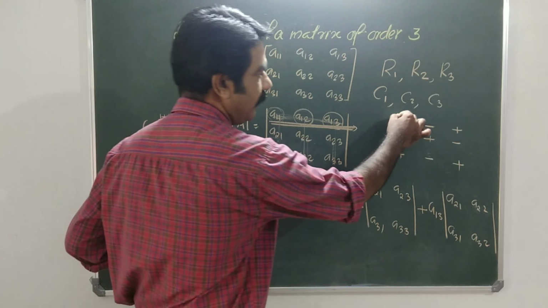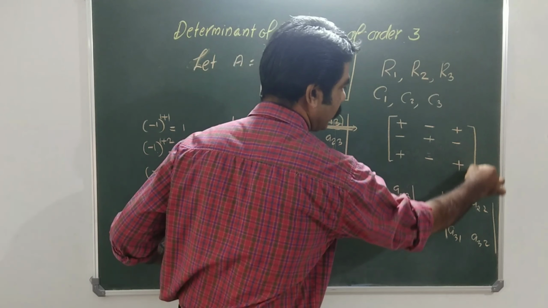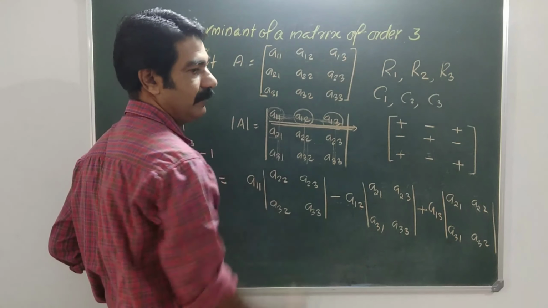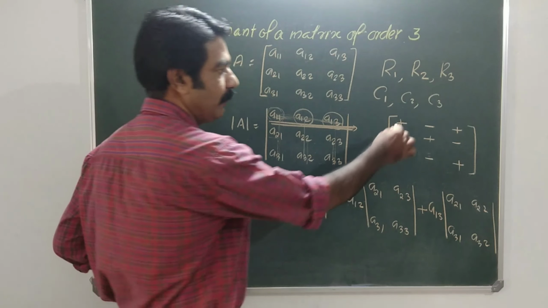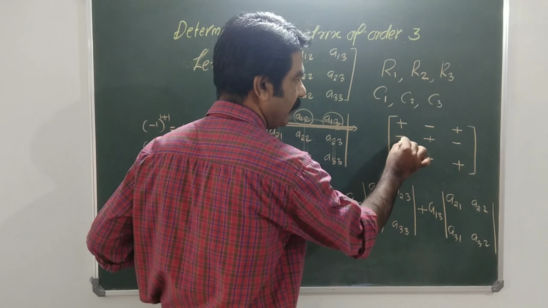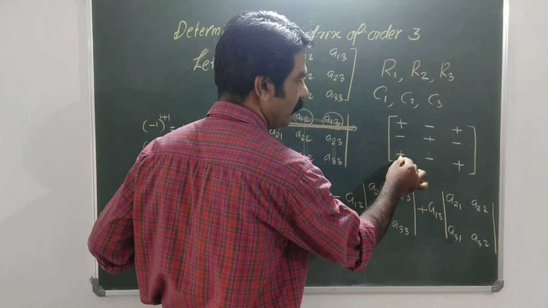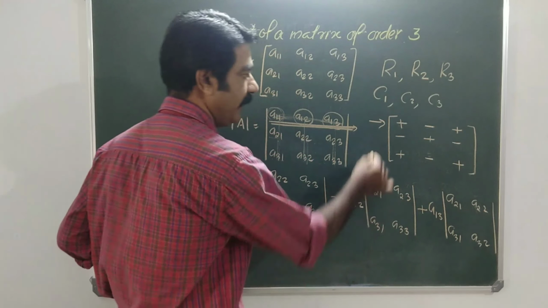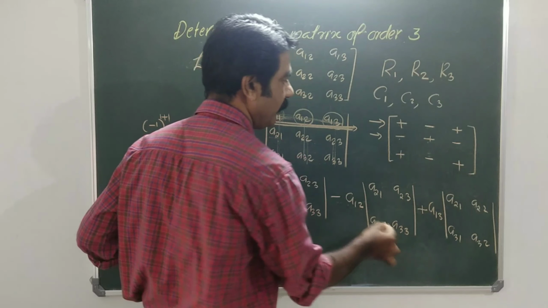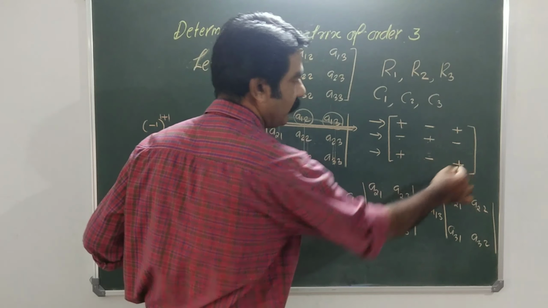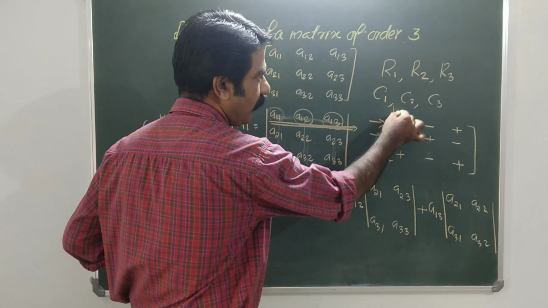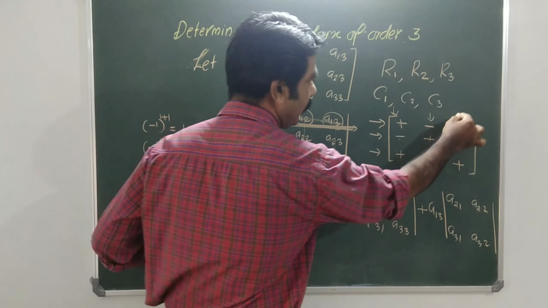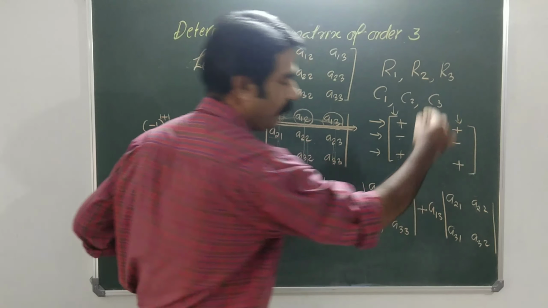So these are the signs if you expand a determinant of order 3: positive, negative, positive, negative, positive, negative, positive, negative, positive. First row: positive, negative, positive. Second row: negative, positive, negative. Third row: positive, negative, positive. If you expand along the first column: positive, negative, positive. Second column: negative, positive, negative. And the third column: positive, negative, positive.